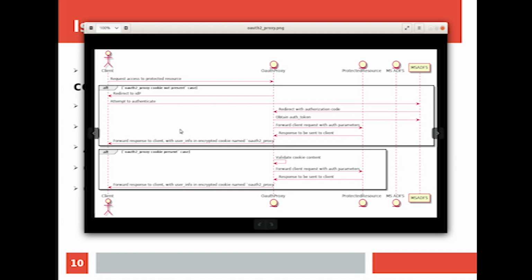The user information are the parameters that the actual protected resource would require to identify who the user is and what his permissions are. For example, basic details like usernames and email addresses would be held. Alongside that, the Active Directory groups that a user is part of, which are quite a lot in number, to be honest, because any person in that company would be part of at least 20 Active Directory groups.